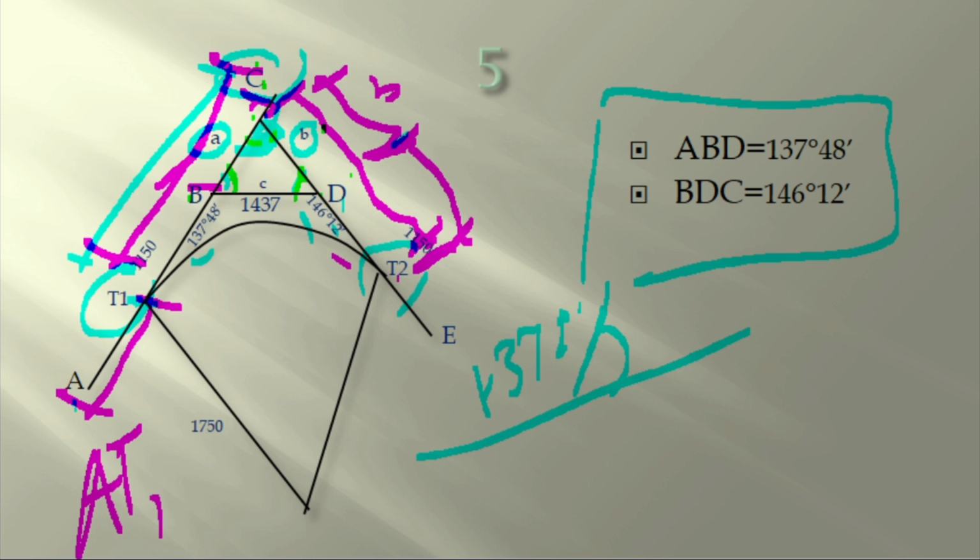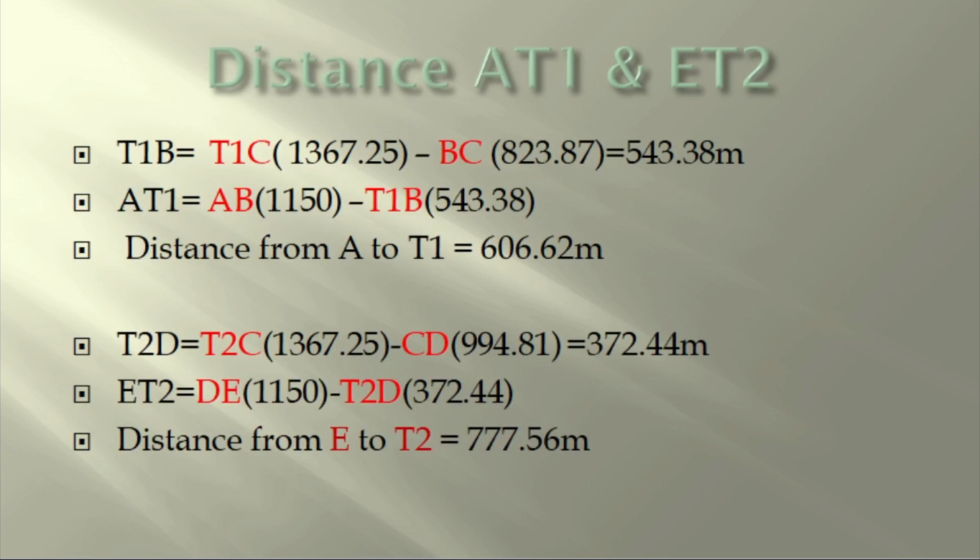So that's how you finish that calculation. So here is a little representation in case I have been going a little bit faster for you to catch up. So T1 to B is equal to T1 to C that we have calculated minus BC, so this distance also we have calculated.